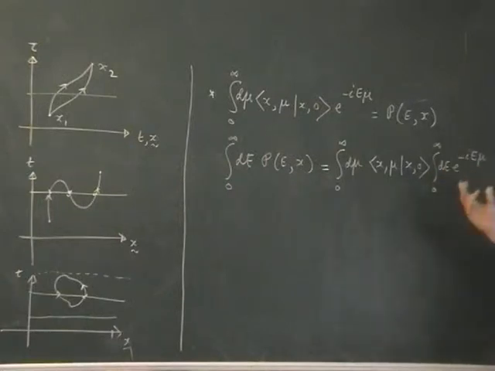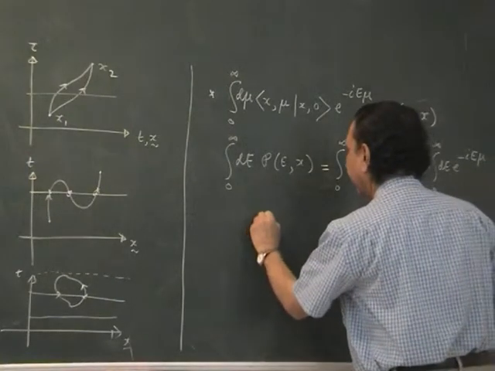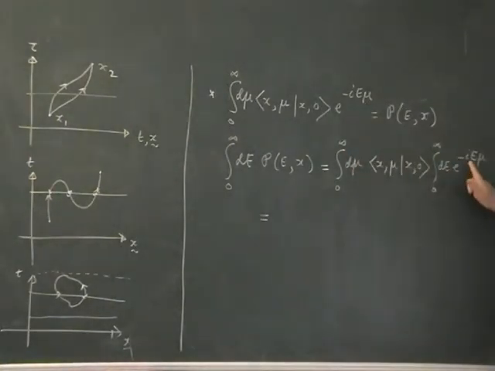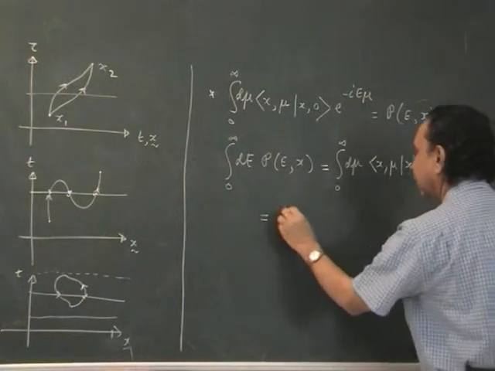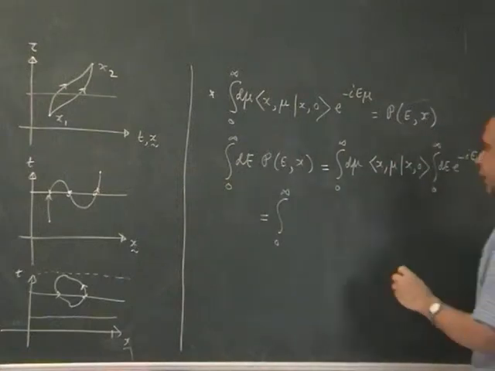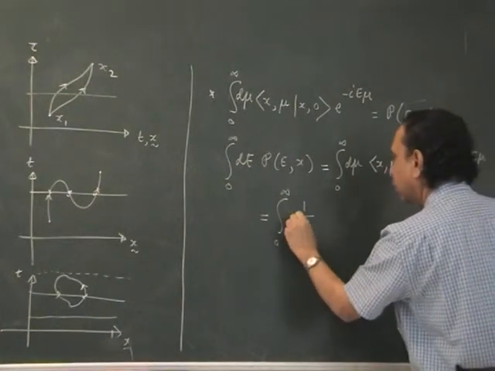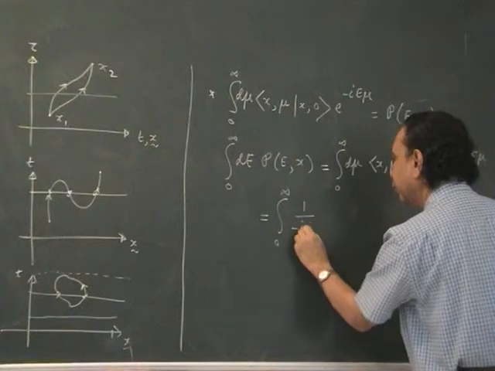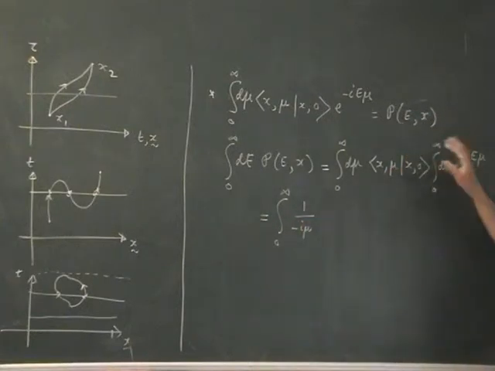Okay, so what is this? Let us try it out. This integral over dE, from 0 to infinity, is going to give me 1 upon minus i mu. I am going to assume that there are i epsilon prescriptions which make the integral converge. So I have this quantity and it is going to be contributed at the lower limit.